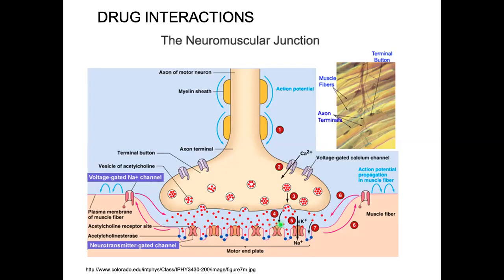Keep in mind, curare is going to block nicotinic cholinergic receptors from nerve to nerve and nerve to skeletal muscle, because that's where you find them. And so curare is used in some tribes in Africa. It comes from a plant, right? It's a plant toxin. They use it on darts to poison or capture animals.